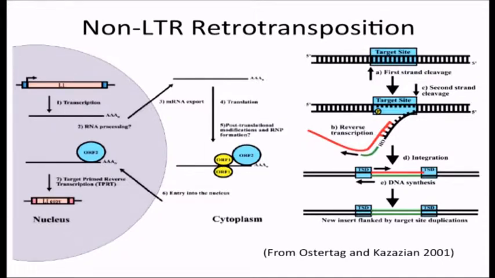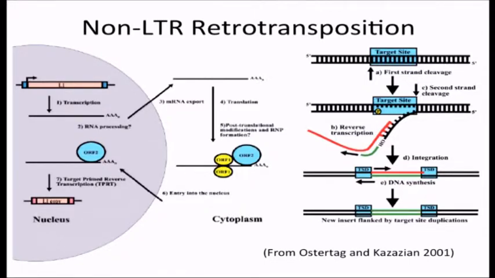And we found recently that there are a number of RNAs associated with this particle which are going to go into processed pseudogenes. This particle needs to get back into the nucleus, and then target primed reverse transcription occurs.